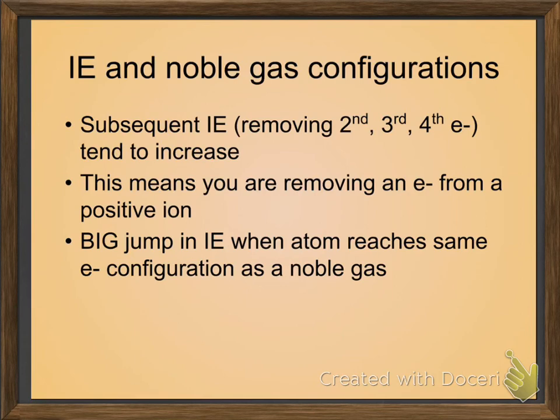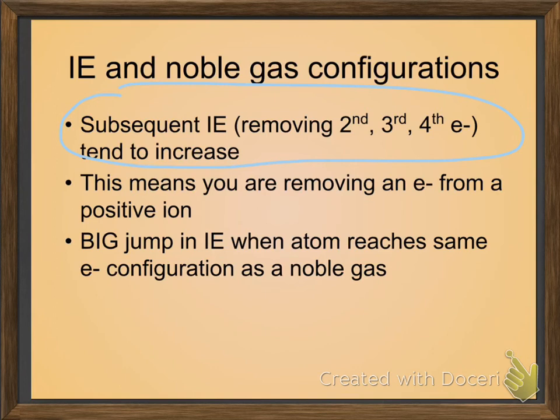Now, once you get to the noble gas configuration, there's no way you're getting another electron off of there. Those are very, very stable ions. And as a result, the energy required to remove an electron from an ion that's at a stable configuration is astronomically higher.